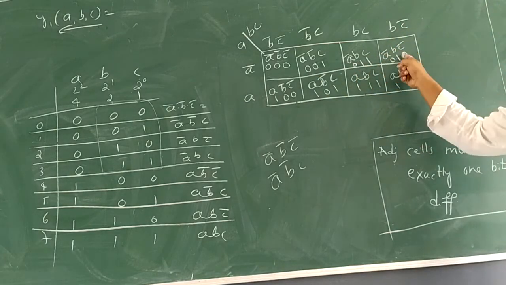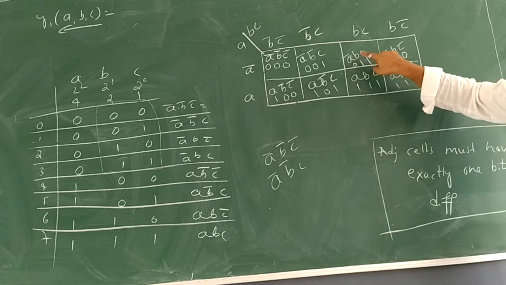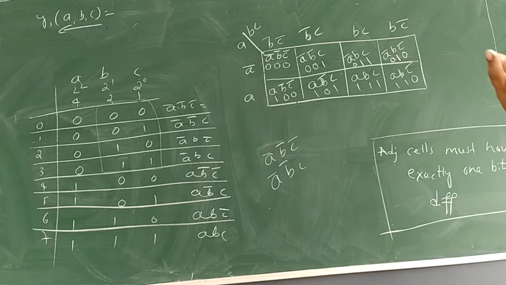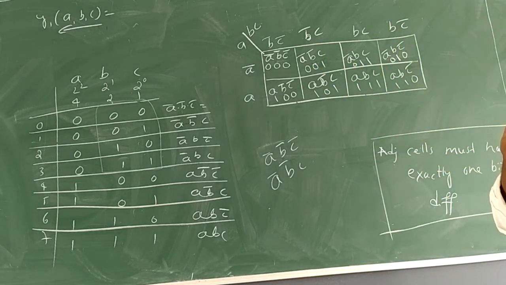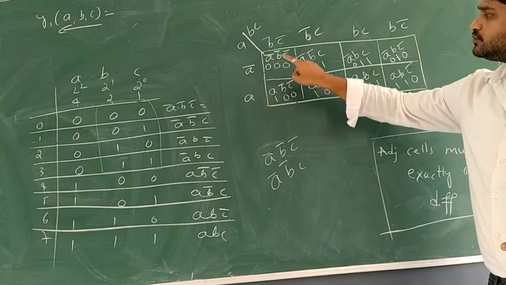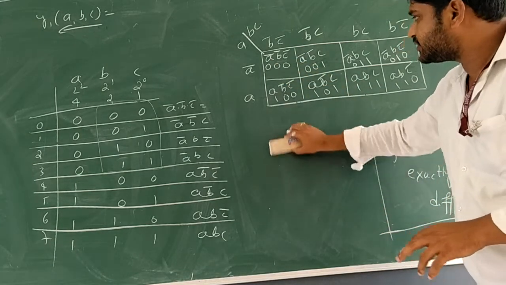Okay, so how about this and this? A complement is the same, B is the same, and the difference is in C. One side it is C, one side it is C complement. Hence again we have two same things and one difference. Now if you check vertically, what are the vertical functions?